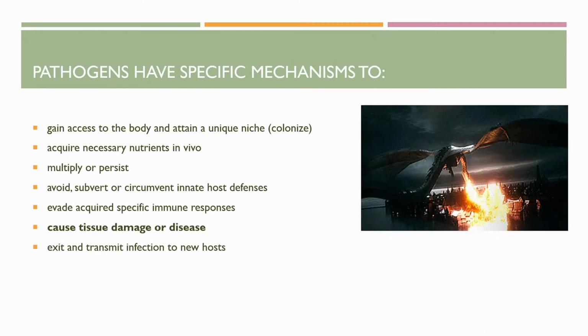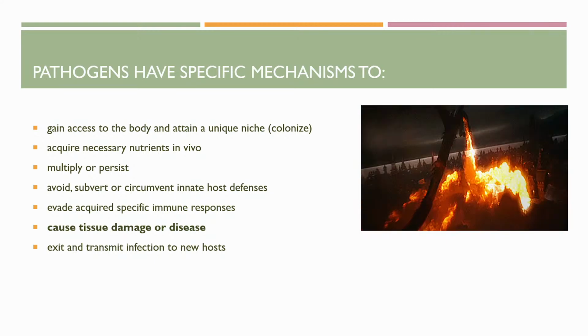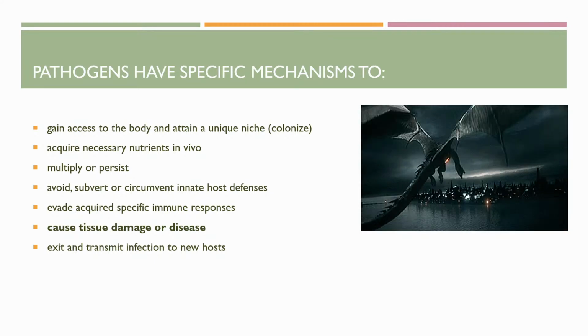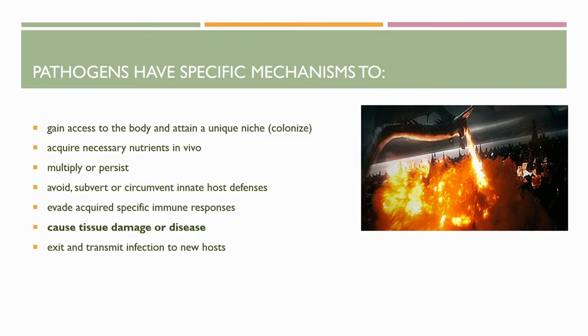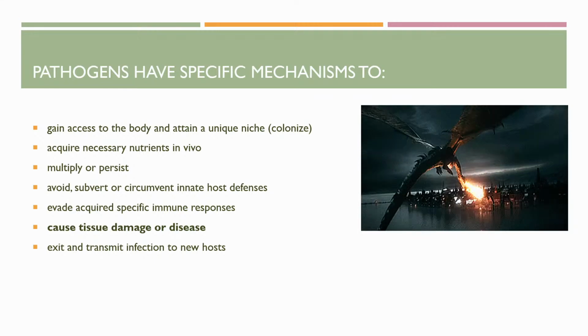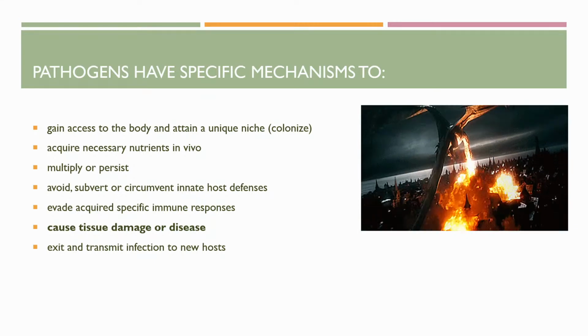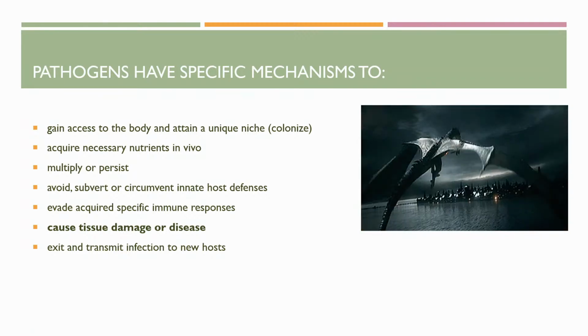Okay, so once this pathogen has evaded the innate and the adaptive immune response, then it starts to cause tissue damage or disease. This disease aspect is usually promoted by what we call virulence factors.